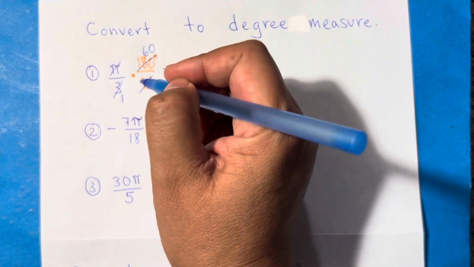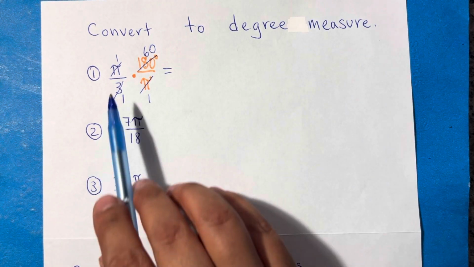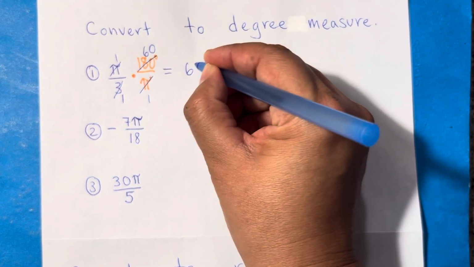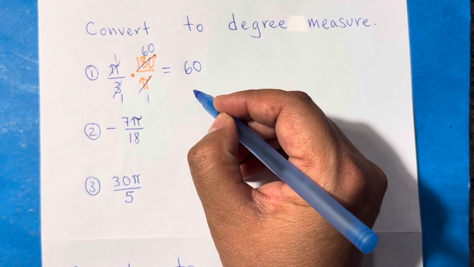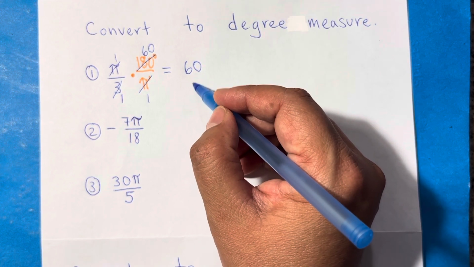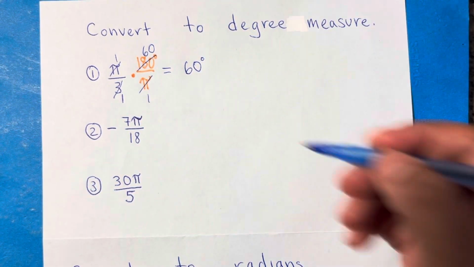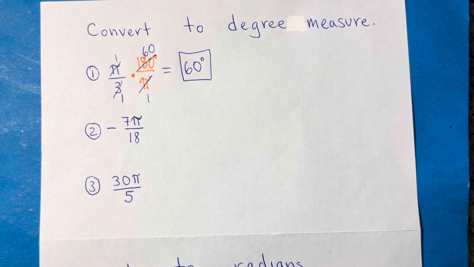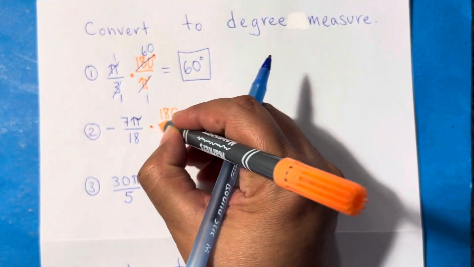And now, when you cancel the pi, it's like you have a 1 and a 1 in there. So 1 times 60 is 60. And then 1 times 1 would be 1 in the denominator, but 1 in the denominator, we don't need to write it down, okay? So that will be equal to 60 degrees. For number 2, we do the same thing, times 180 over pi.